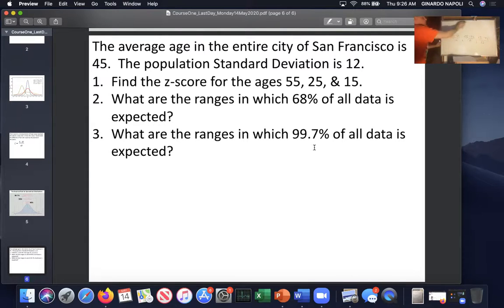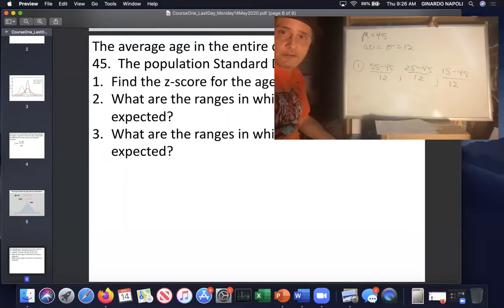If we have our mean of 45 and our standard deviation of 12, calculating the z-scores for 55, 25, and 15 is just these calculations: data value minus mean divided by the standard deviation. For the first one, it's going to be positive because 55 is more than the mean, whereas for the next two, you're going to be negative because 25 and 15 are less than the mean.